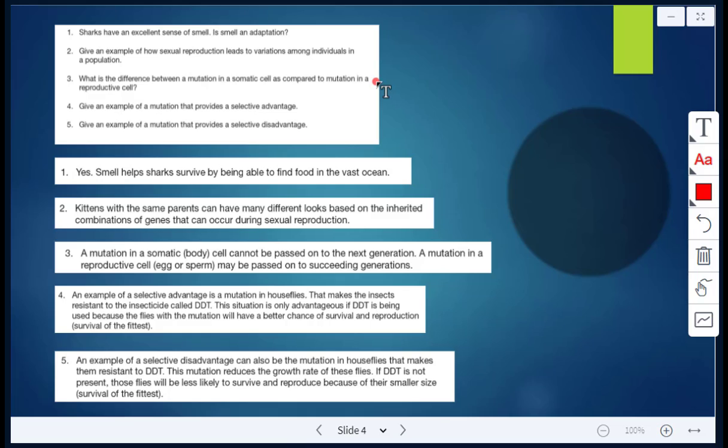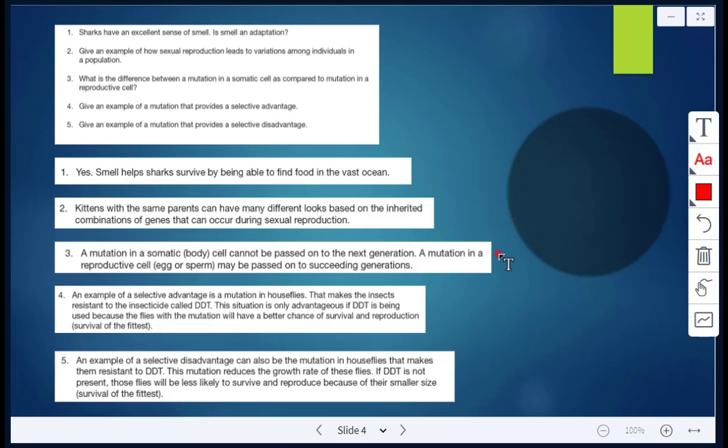Question 3, what is the difference between a mutation in a somatic cell as compared to a mutation in a reproductive cell? So recall, somatic cells are the body cells, and the reproductive cells are the gametes, which are the sperm and the egg.